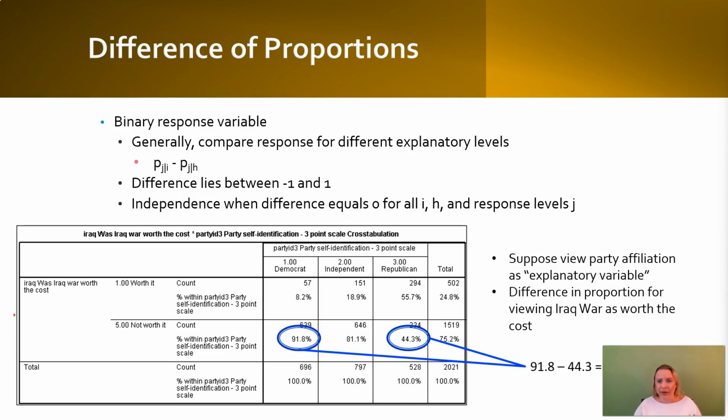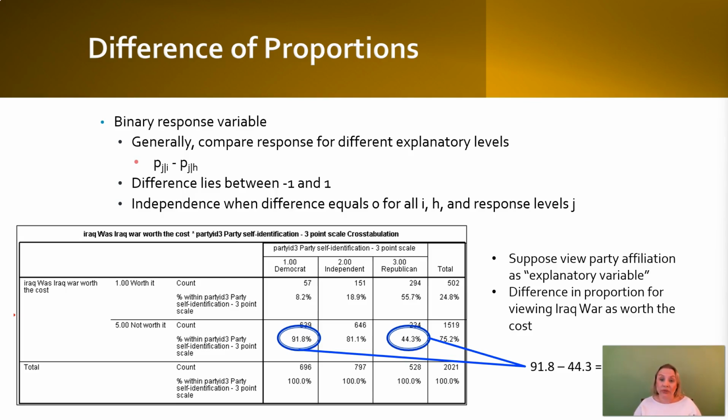So here we have a binary response variable, and we generally are going to compare the responses for different explanatory levels. So when we're looking at this, we have P sub j given i minus P sub j given h. So the difference lies between -1 and +1. Independence is when the difference equals 0 for all i, h, and response level j.